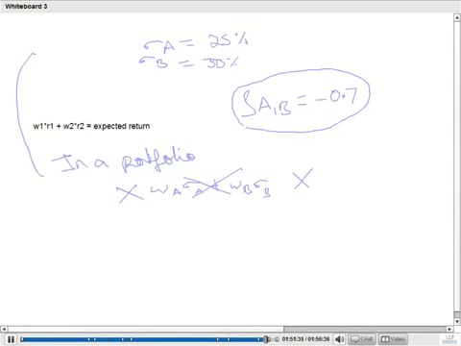The sum of this will become the total risk sigma. The unsystematic component of the risk does not matter, because in a diversified portfolio it becomes zero.